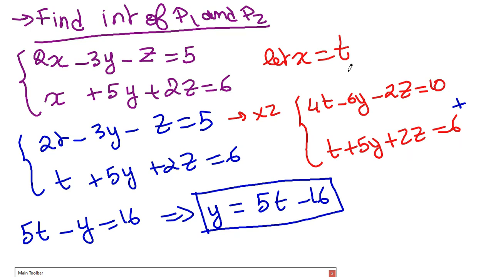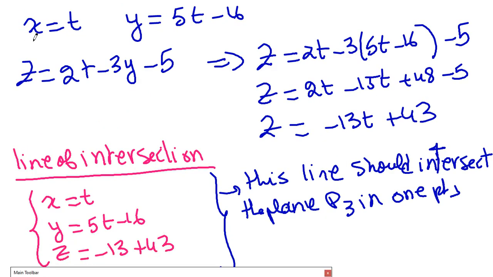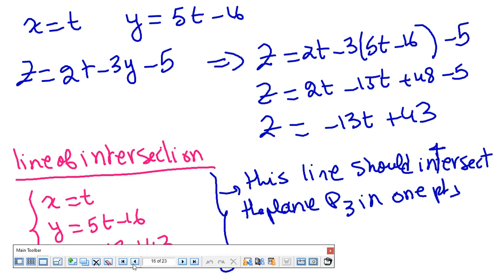I did this in the preceding example, and then I will have two equations in terms of t. I will find y in terms of t, and I will find z in terms of t. I got y is equal to 5t minus 16. And then I got x and y in terms of t. I will replace to find z in terms of t. And I got the line of intersection of those two planes. So I got the line of intersection between the first two planes.